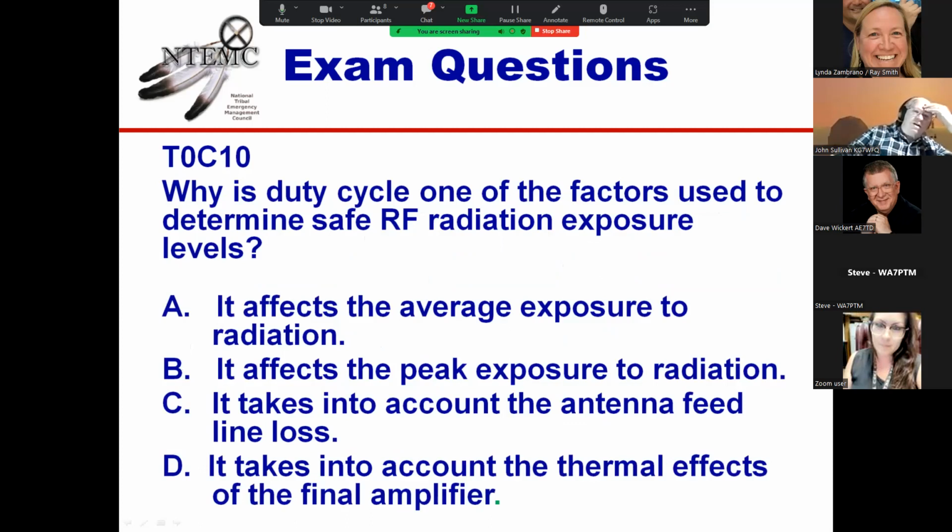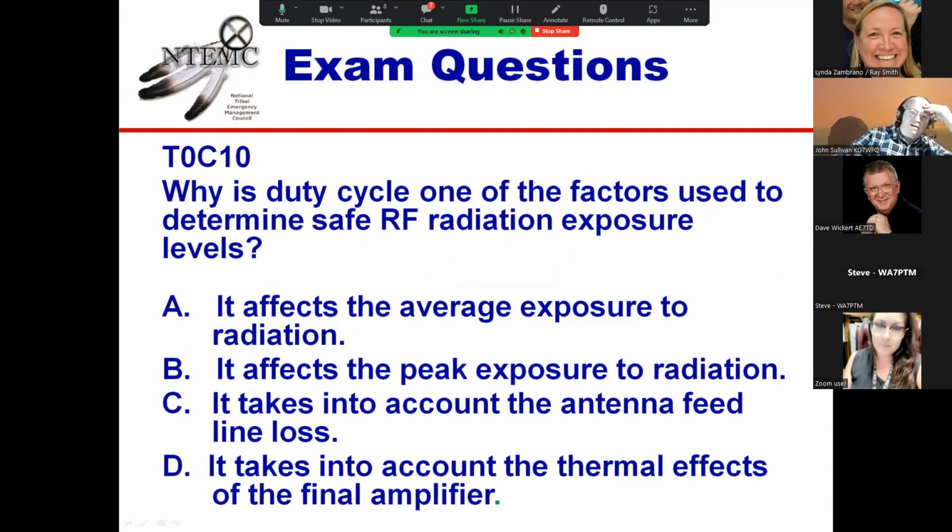Why is duty cycle one of the factors used to determine safe RF radiation exposure? Does it affect the average exposure? Well, duty cycle does affect the average exposure. If you're only transmitting half as much, you're not going to get exposed on average as much. It affects the peak exposure?